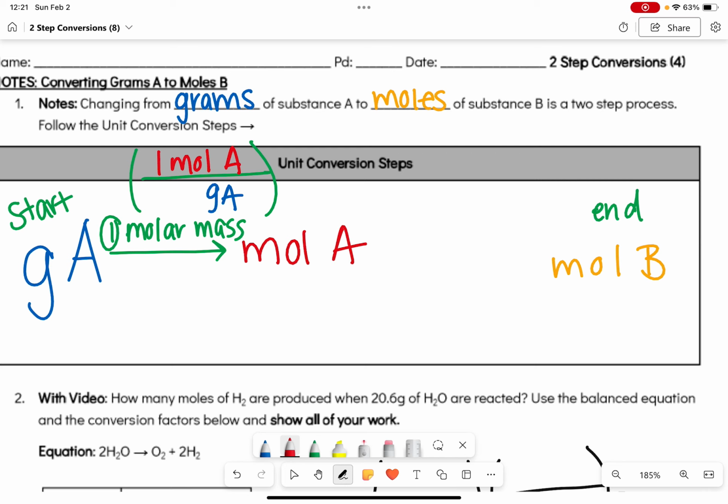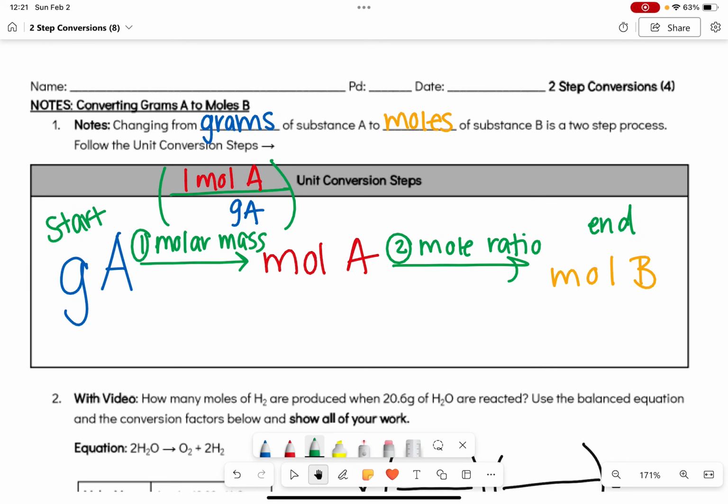But now we're still not there. We're still not in moles of B. But we can use our mole ratio to go from moles of A to moles of B. So your second step would be your mole ratio, using your coefficients from the equation of these two substances that you have in the question.